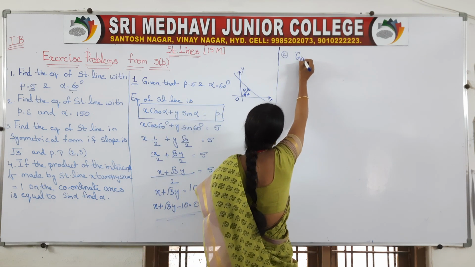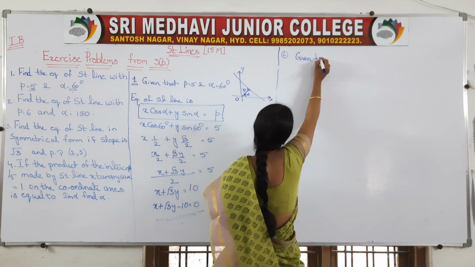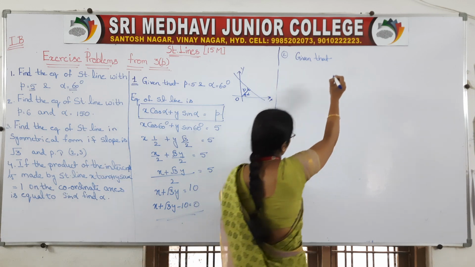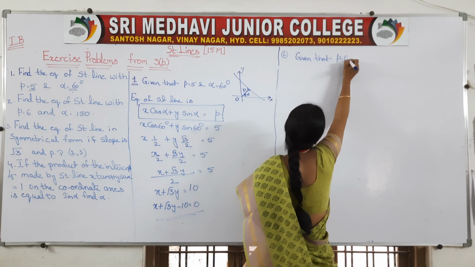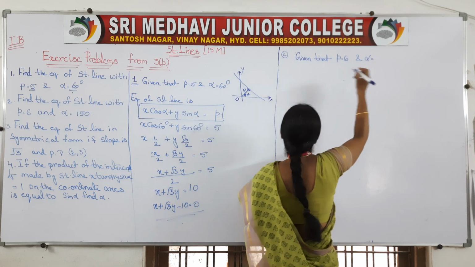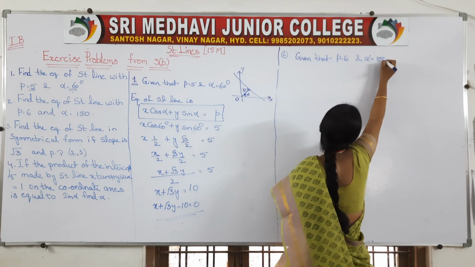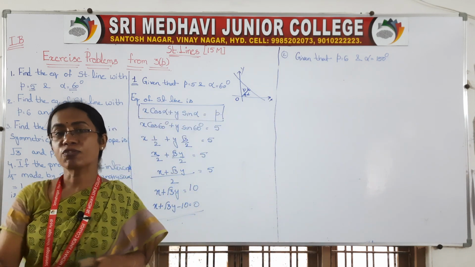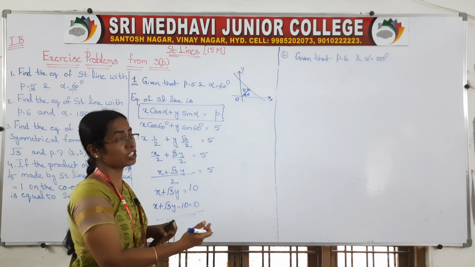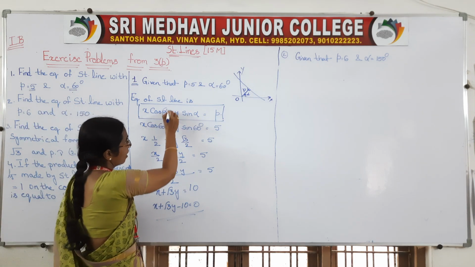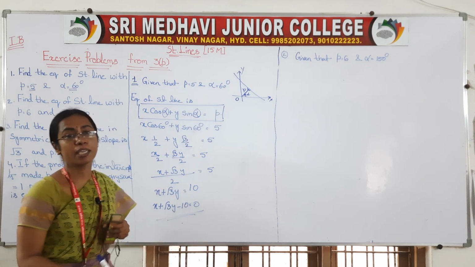P is equal to 6 and alpha is given as 150 degrees. So P is given, alpha is given, to write the straight line equation means normal form of the straight line, isn't it?